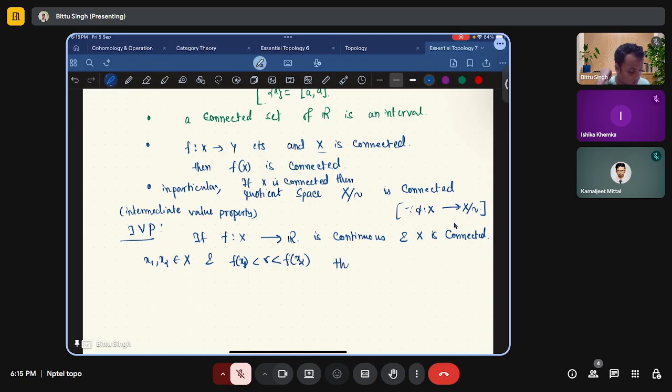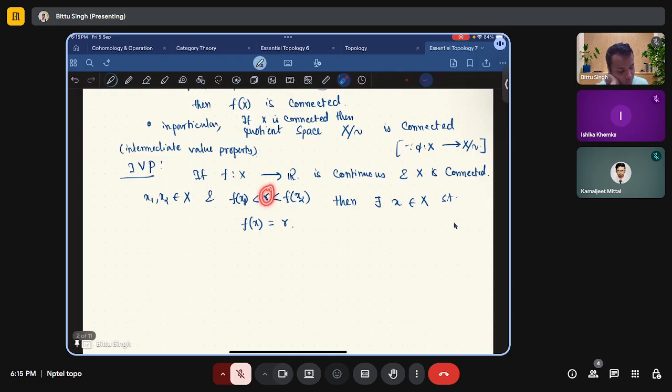Then the theorem says there exists some x belonging to X such that f(x) equals r. So take any intermediate value between f(x1) and f(x2), there is always some element from the domain whose image is that intermediate value.